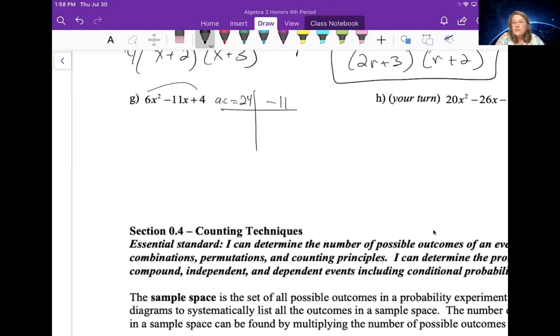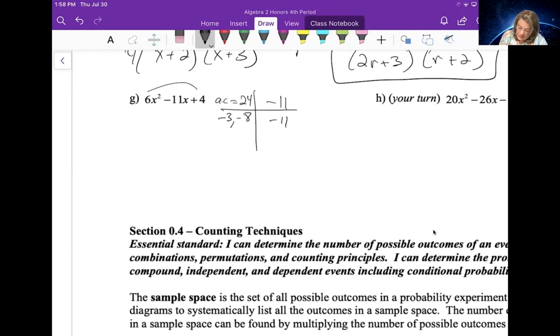Negative 11. Okay, so negative 11, and then I have a positive. So the two values are going to be negative. Sure enough, I can multiply negative 3 times negative 8. That'll give me a positive 24. And negative 3 plus negative 8 gives me what? Negative 11. So I know I can factor this trinomial.